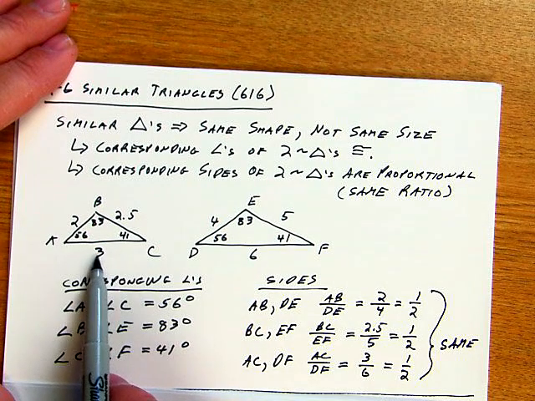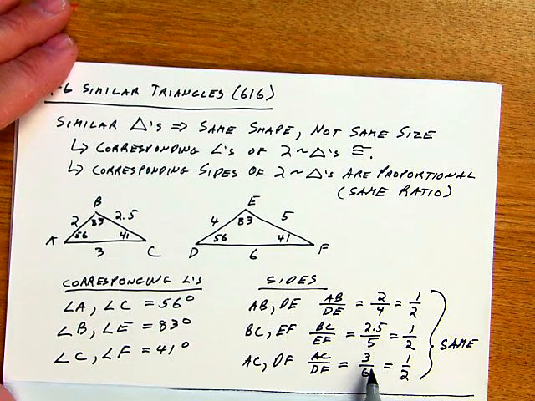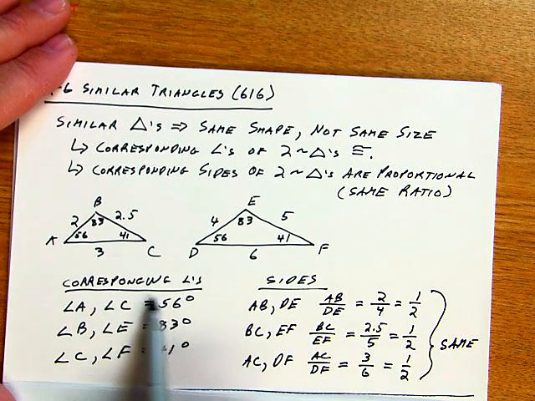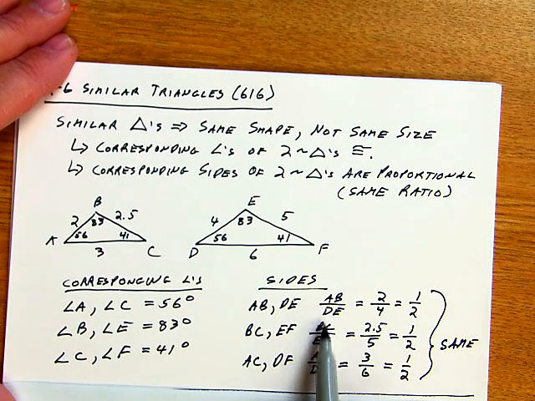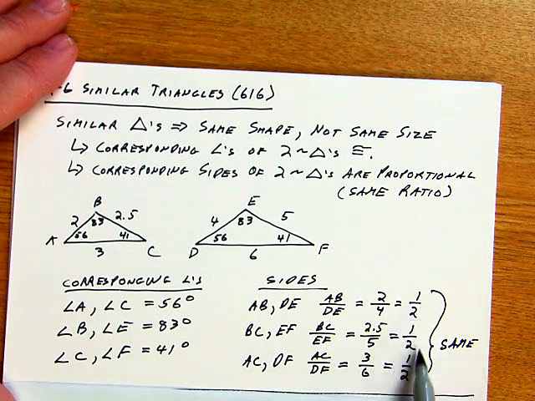And finally, looking at the bottoms, 3 and 6, 3 over 6 reduces down to 1/2. So in a similar triangle, all the corresponding angles are equal, and each of the sides, when set up as a proportion, come out to be the same.